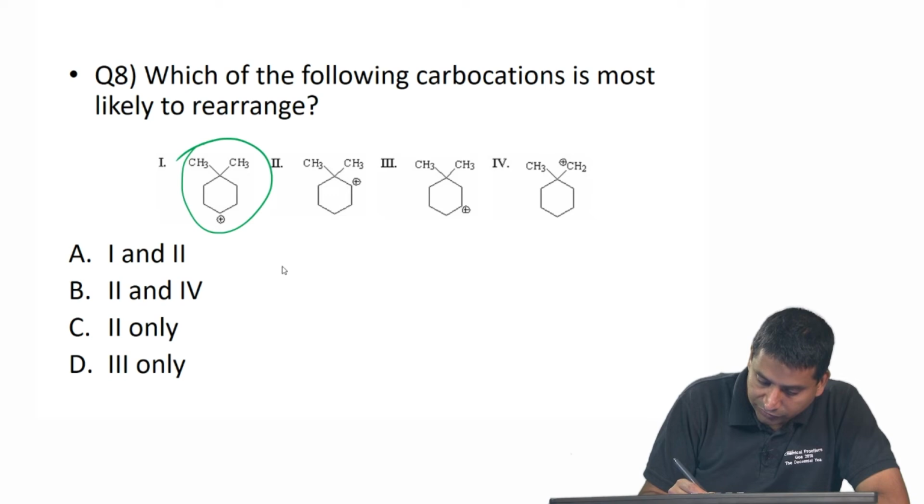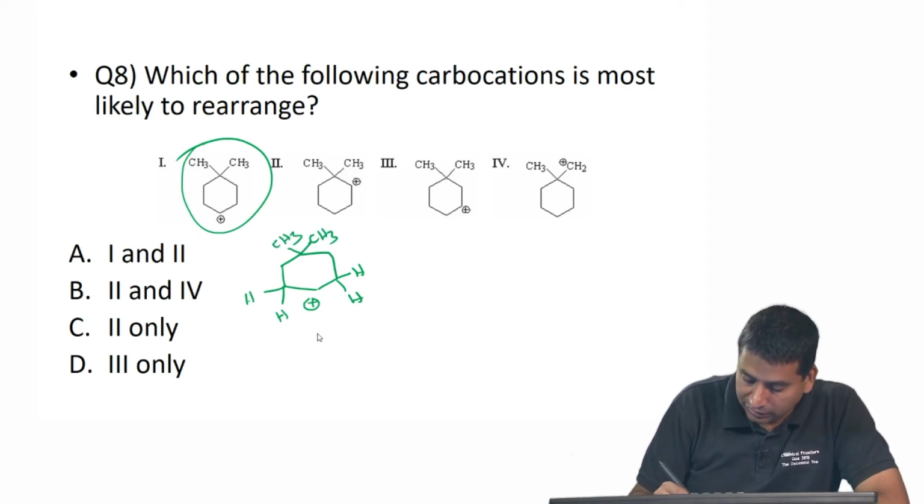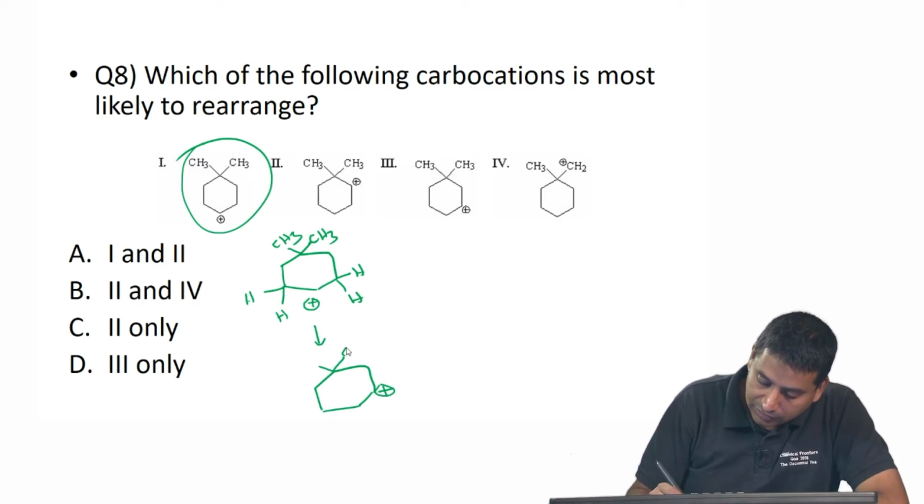Now, if you see this structure, we have as a neighbor 2 sets of hydrides. Okay. Now, it is possible that a rearrangement can occur, and this can give you a carbocation over here, right.